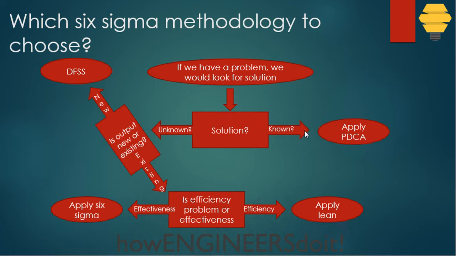So I'll give you an example in this case. Let's say that the electricity consumption in our office is high. So we have a problem here, and we know the solution, like turning off the monitors or turning off the computers at night while the employees go home, repeating this process and then seeing the result.